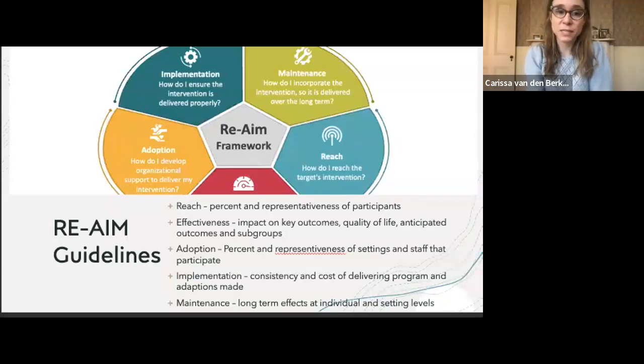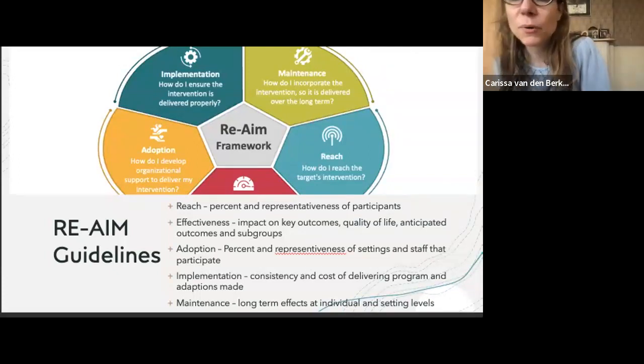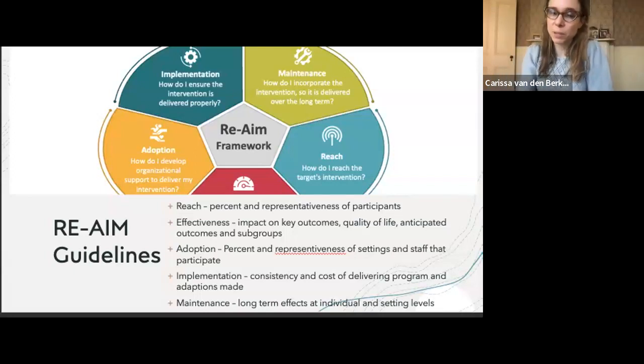RE-AIM has the flexibility a lot of times to take on some of these complexities. Implementation. Can the program be consistently implemented across program elements, different staff, time, resources, etc.? Are the costs, personnel, upfront, marginal, scale up, equipment, etc., matched to the effectiveness?